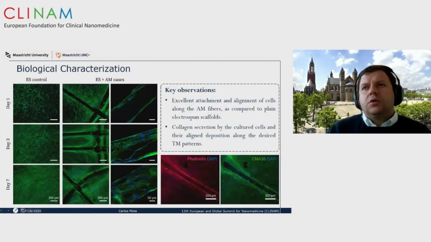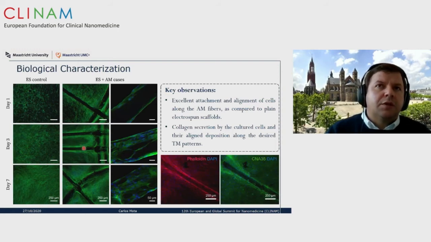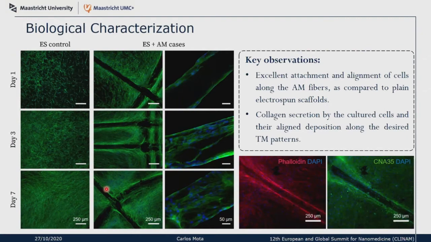So we also wanted to see how the cells would behave on the combined microfilaments and the electrospun mesh. So we see that when we have the microfilaments, then there is a bit of a densification of the cells around these microfilaments, kind of mimicking a bit the sieving effect. And these will be also the areas where we have an overexpression of collagen deposition.